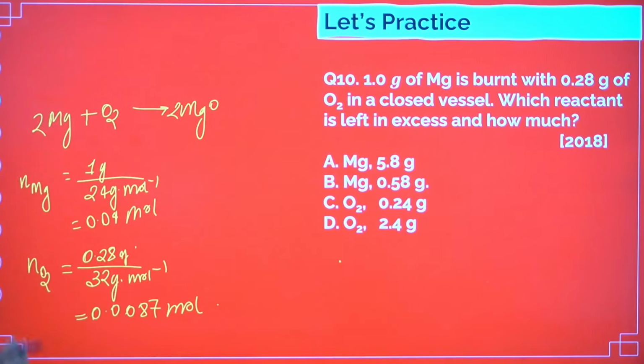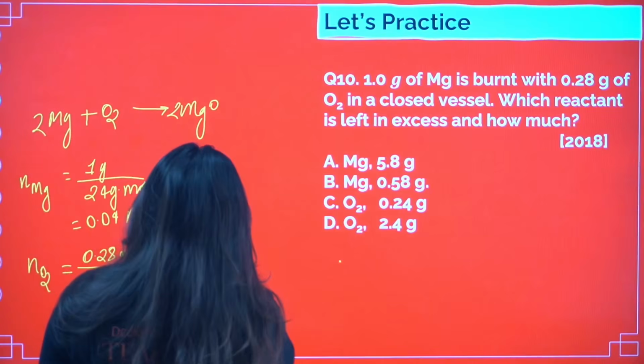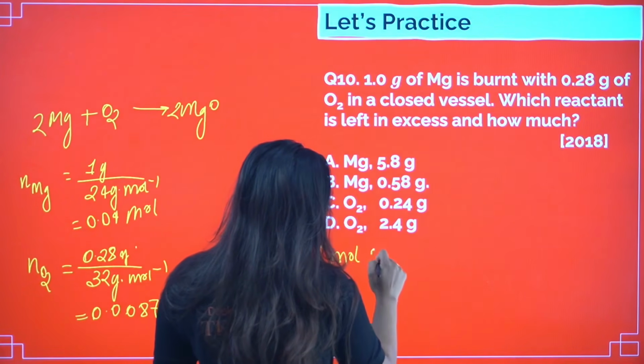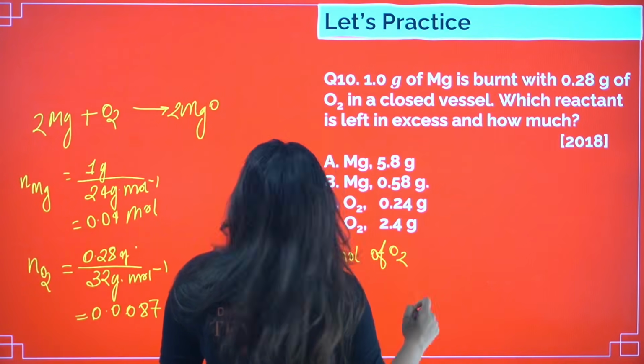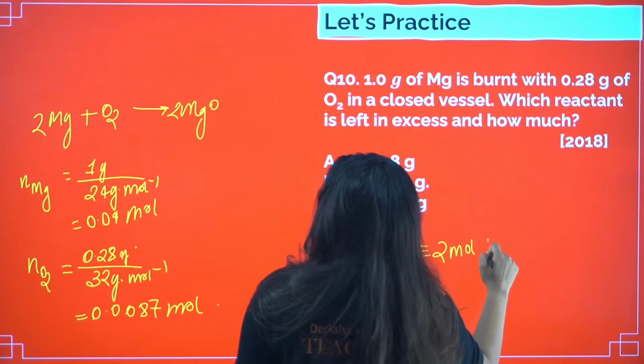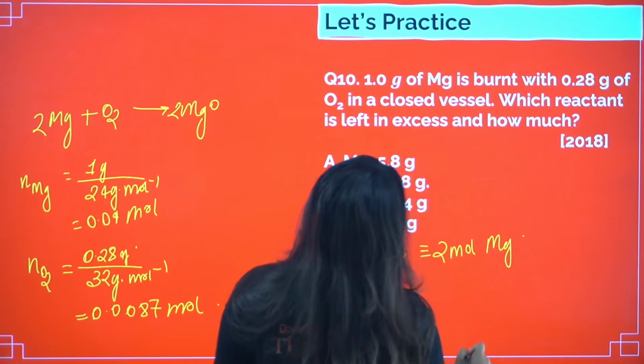Then let's proceed further. By the equation I'm getting the information that 1 mole of O2 requires 2 mole of magnesium.